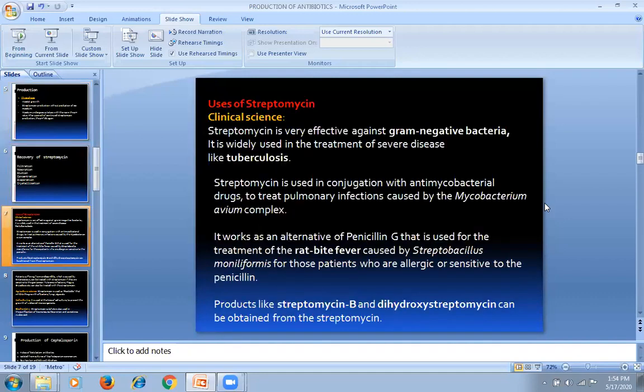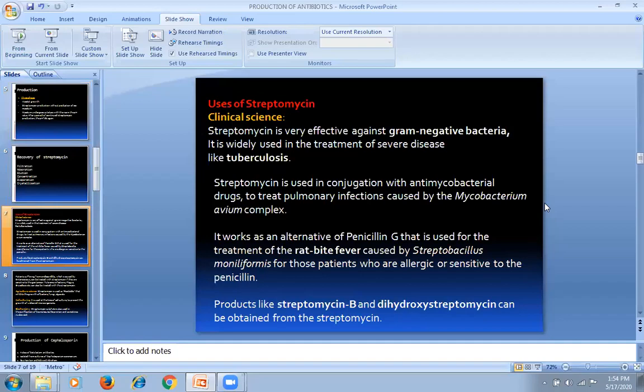Coming to streptomycin, as I have told you, it has a very wide use in clinical science. It's very effective against gram-negative bacteria and is used in the treatment of diseases like tuberculosis.